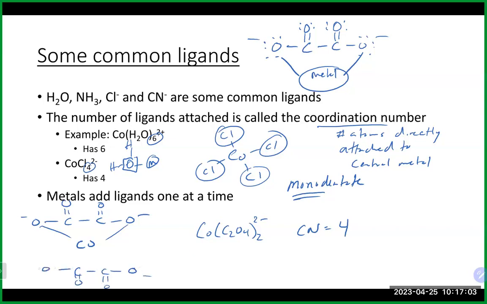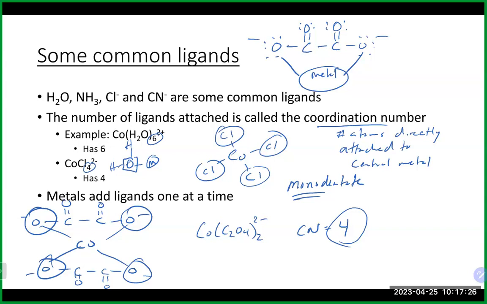Won't draw all the electrons, but that could attach here and here. So from that oxalate molecule, there's 2 attachment points. From the second oxalate molecule, there are 2 more, and that's what gives us a coordination number 4. Something like oxalate is known as being bidentate, which means for every one molecule, basically you get 2 attachment points.